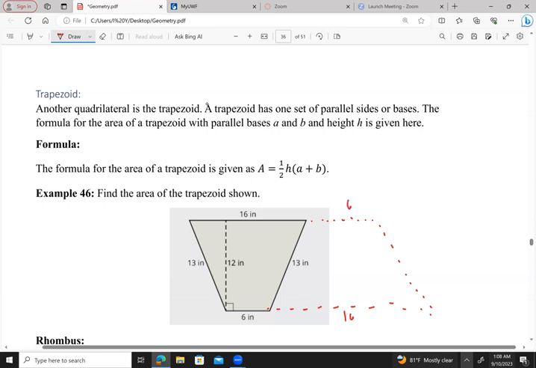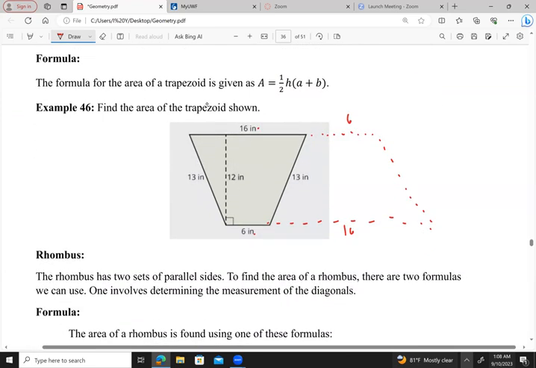So you see this figure here is a parallelogram now with base 22, A plus B, and height still 12, but we only want half of that.